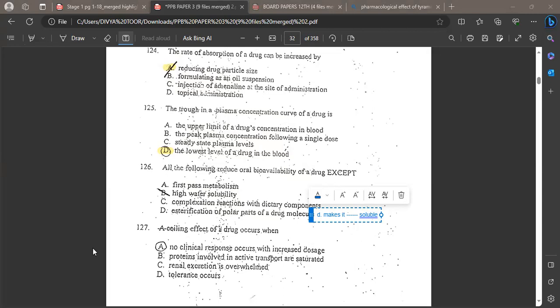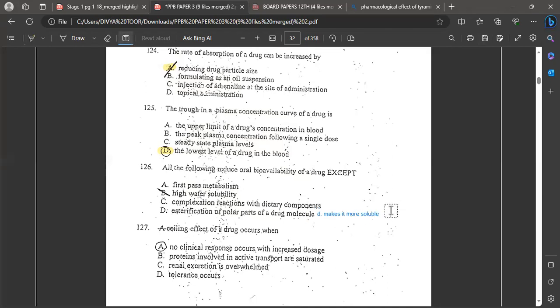Esterification actually increases the solubility. So in this particular case, it makes it more polar. So if it's on the polar parts, I don't think it has any effect because the parts are already polar. So I think, okay. But it increases polar solubility if I'm not wrong.